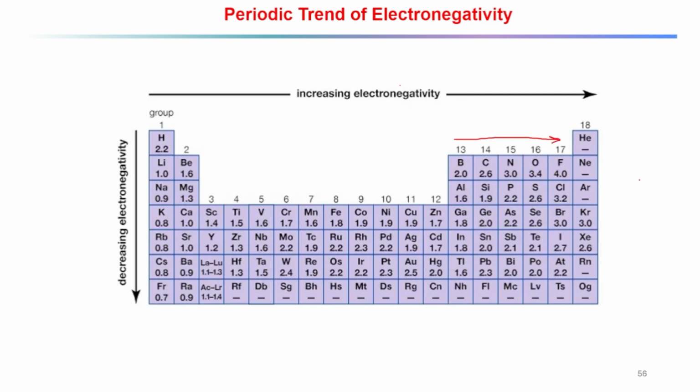Again, you see group-wise, if we go from top to down, the electronegativity value decreases. So if we go from down to top, the electronegativity value will increase. These are the electronegativity values of all the atoms.